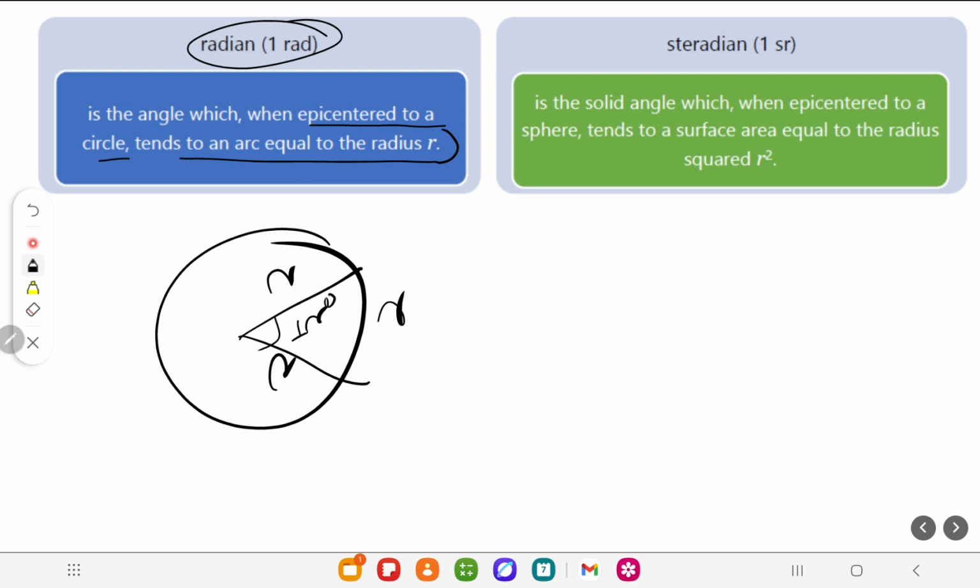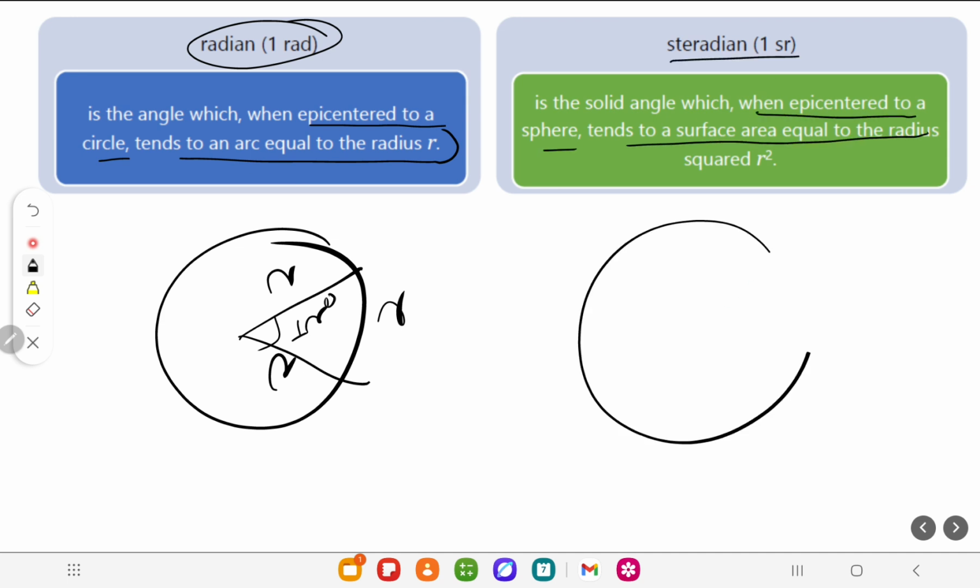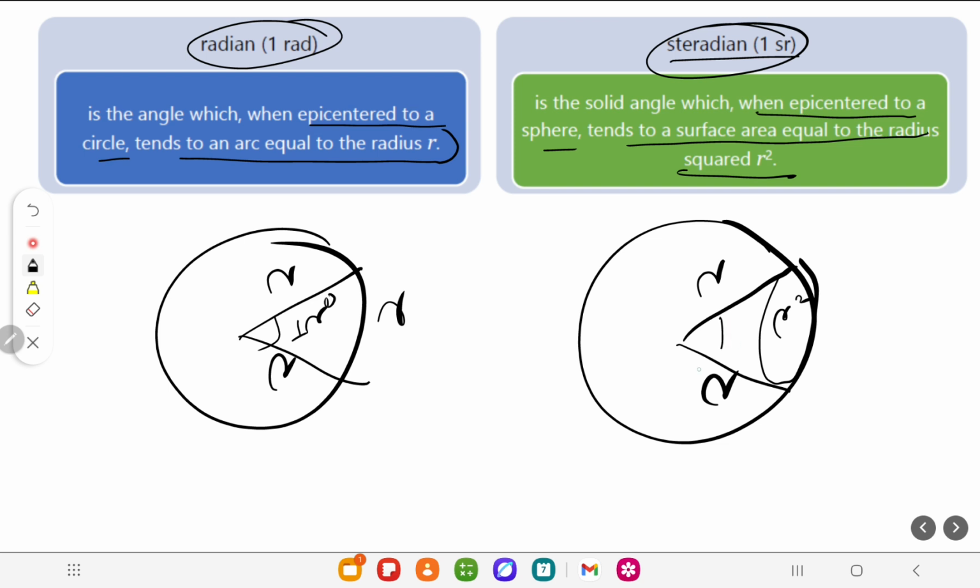And for solid angle, 1 steradian means that when the center of the sphere and the surface area is equal to r square, with radius r, the 3D angle made at the center of that sphere is 1 steradian. Okay.